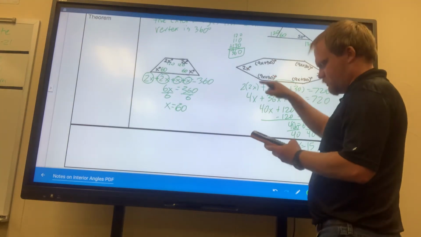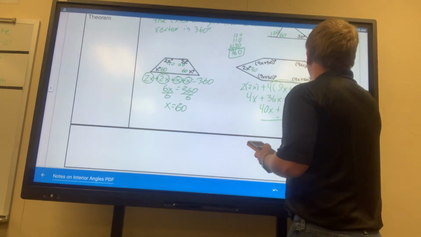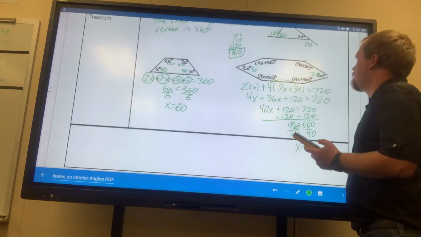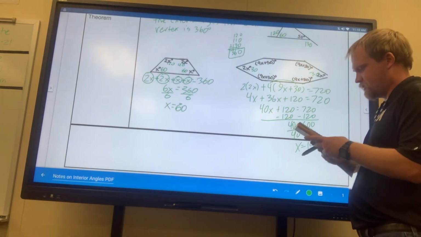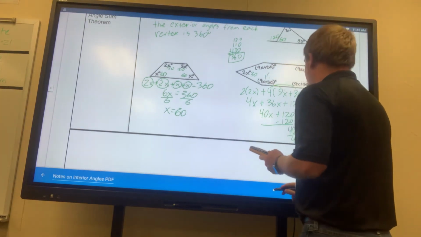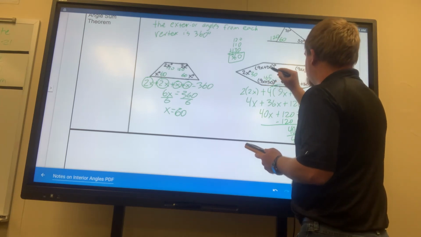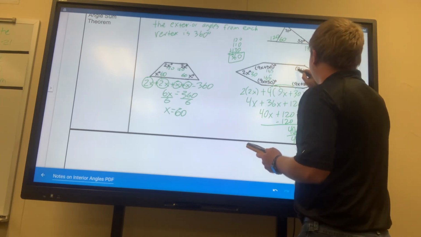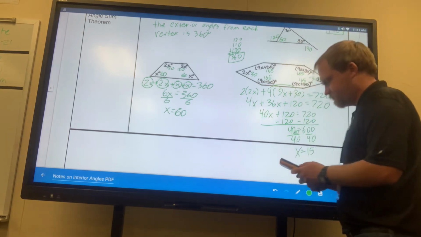So 2 times 15 gives me 30. So each 2x is 30. And then 9 times 15 plus 30 is 165. Good grief. So each of these 9x plus 30 angles is 165 degrees.